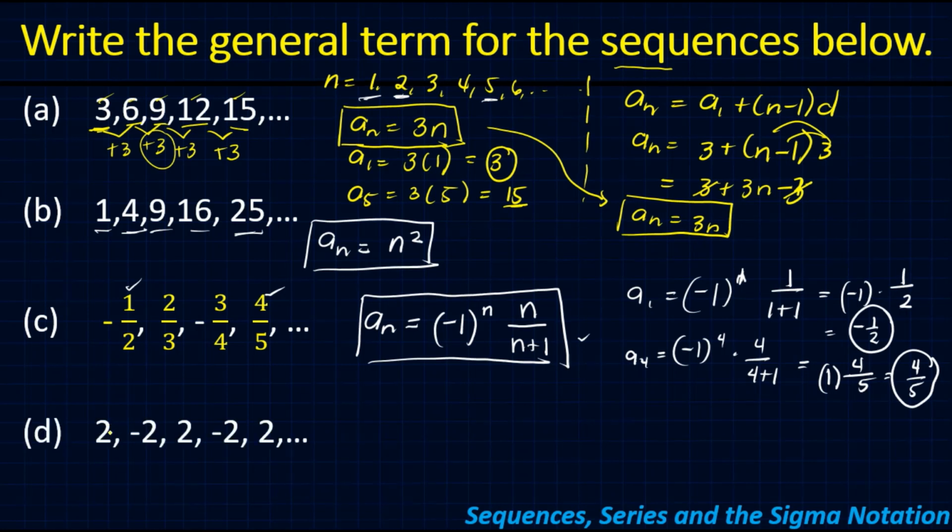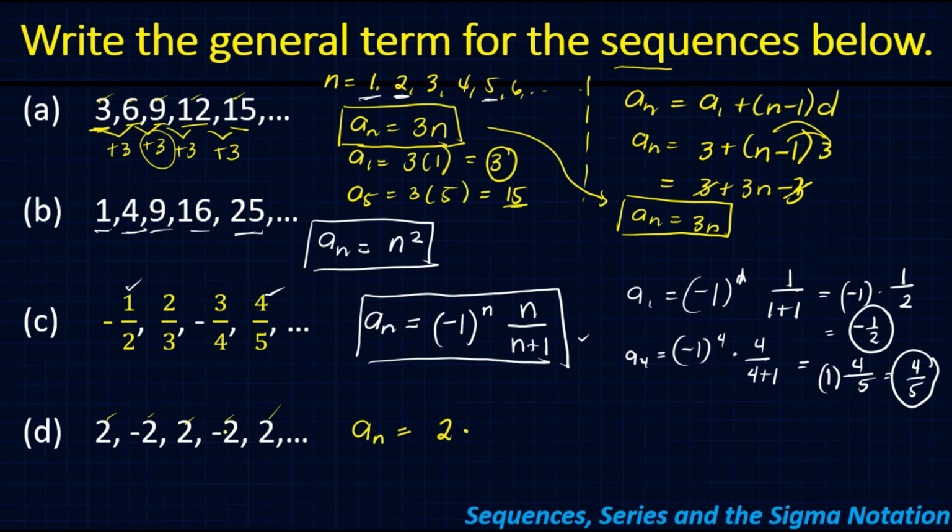Next sequence, we have 2, negative 2, 2, negative 2, and 2 ulit. As you observe from this sequence, alternate ang ating signs. Positive, negative, then positive. And another observation is that pare-parehas ng merong 2. So, pwede natin isulat ang general form as a sub n is equal to 2 times, since pare-parehas na merong 2.